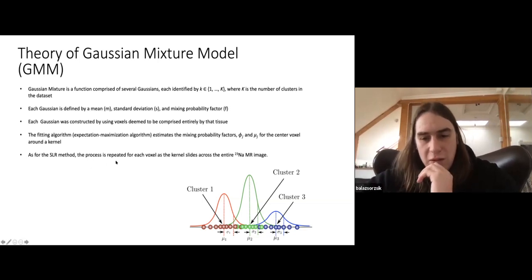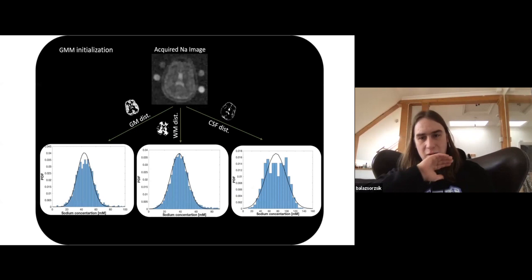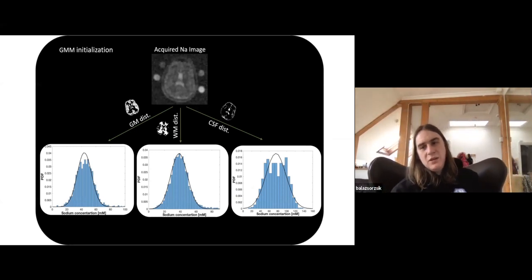So in the Gaussian mixture model, we are doing the same thing, but we are solving for Gaussians using the expectation maximization algorithm. It might sound complicated. That's why I put together this slide just to explain what really happens.